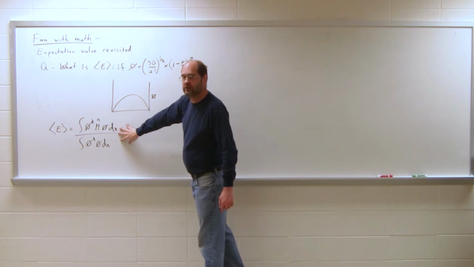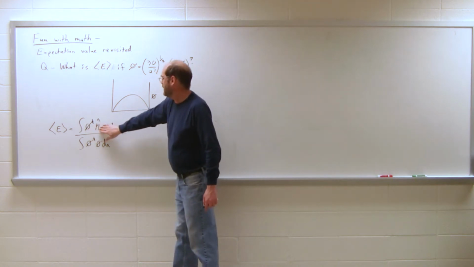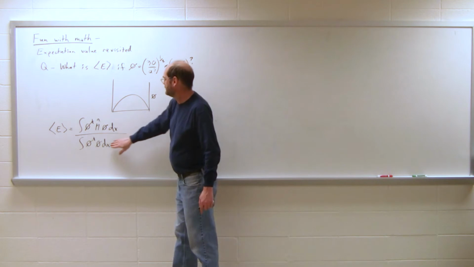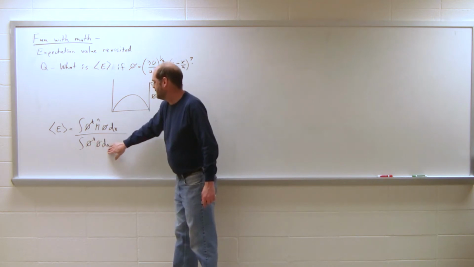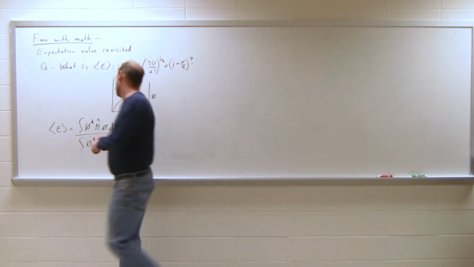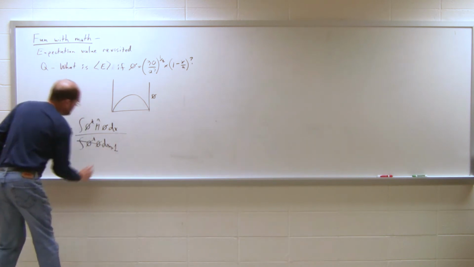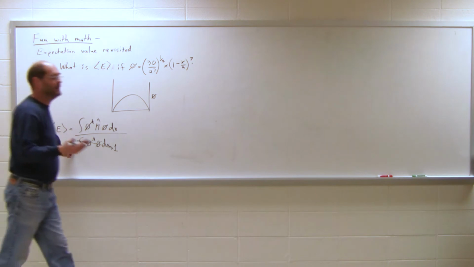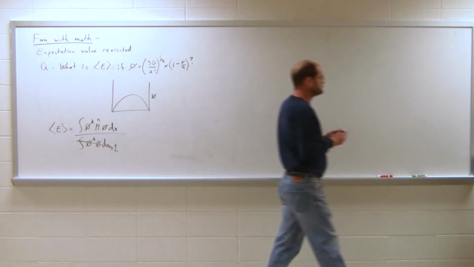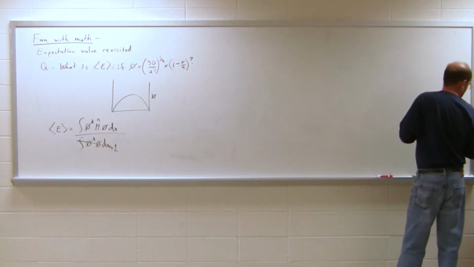Our expectation value is the integral of psi star H operating on psi dx over the integral of psi star psi dx. Since I've already normalized this, the denominator is just 1, so I can eliminate that right off. So, what do I need to do?